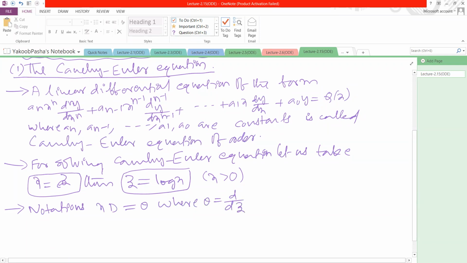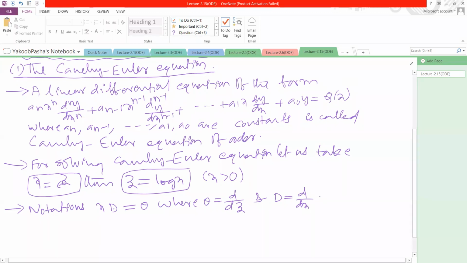Here z is the independent variable, as we know that capital D is equal to d by dx. In D, x is the independent variable. In theta, z is the independent variable. We are changing the independent variable from x to z. This is important.